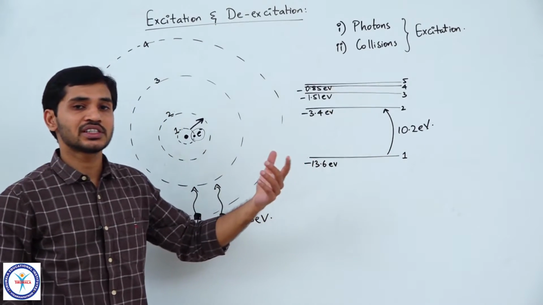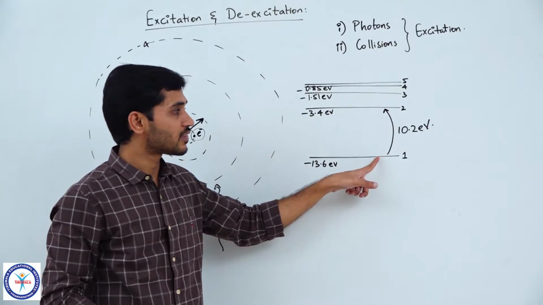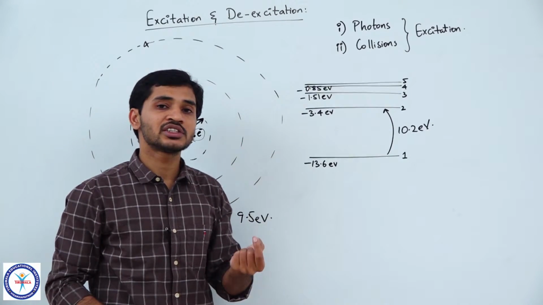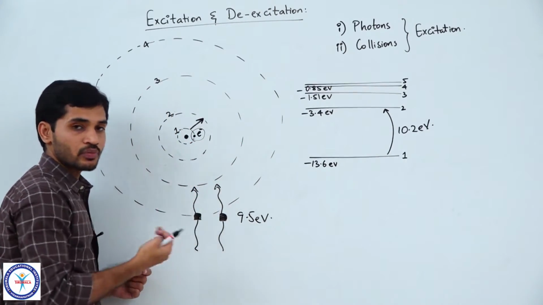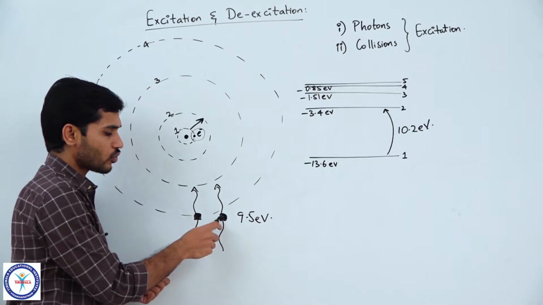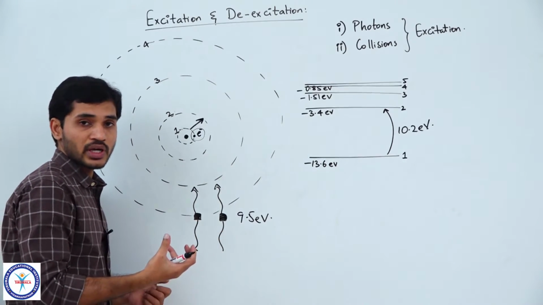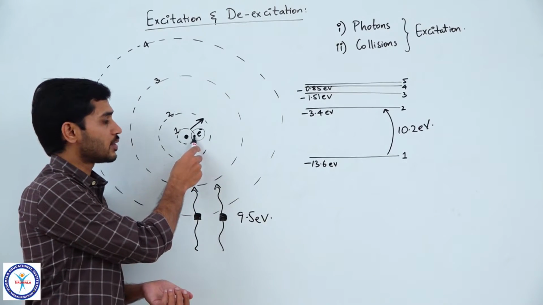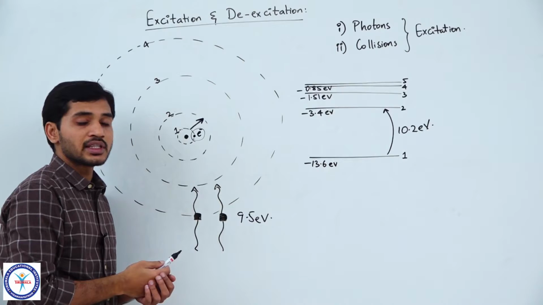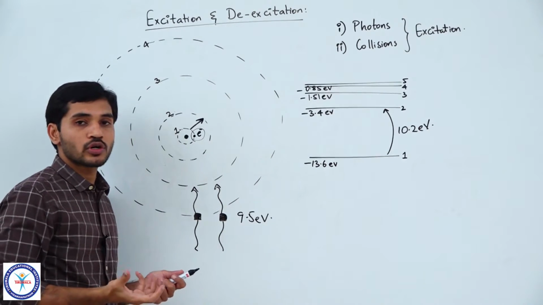So, all those energy differences are greater than the energy difference from 1 to 2. If your photon has no sufficient energy to make this electron transition, the electron will not absorb that photon.